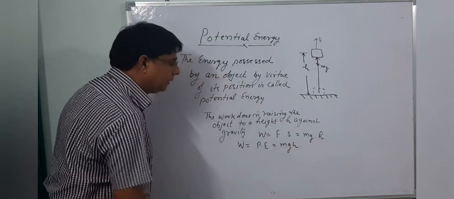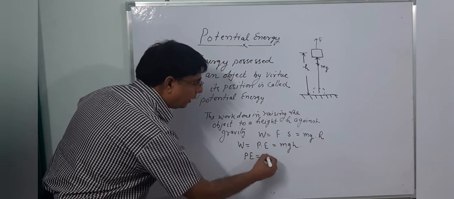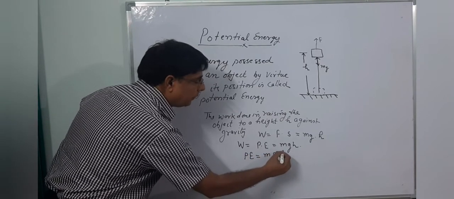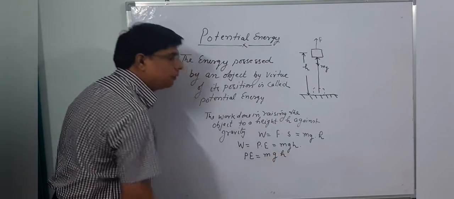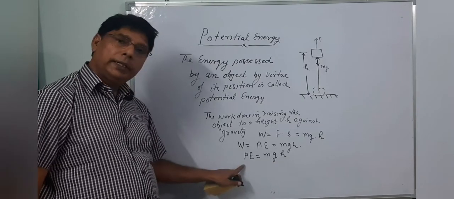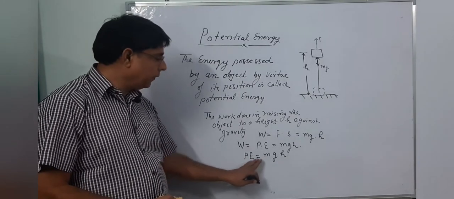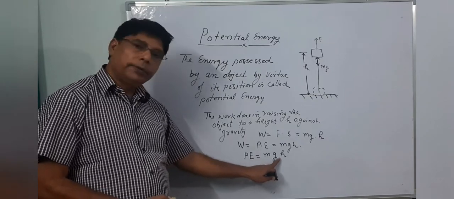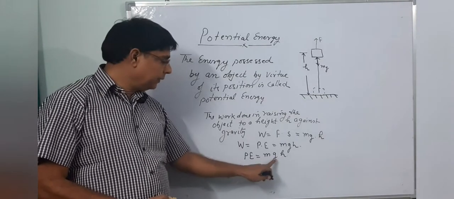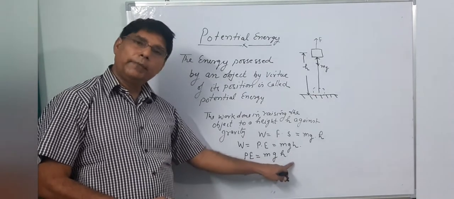Here we see that potential energy depends on mass, acceleration due to gravity and the height of the object. If we increase the height of the object, potential energy increases. Potential energy depends on acceleration due to gravity also, so its value is different on different planets for the same height.